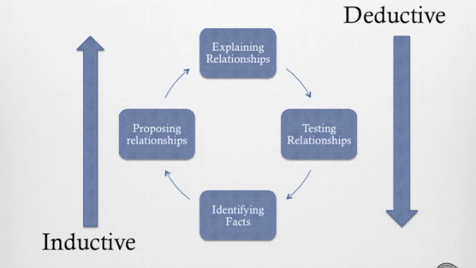We do this all the time as clinicians. We see things that are new to us, and we begin to speculate about how those observations may be related or what they might mean. We're using an inductive process. Then as we continue along, we get up to the top of the circle, and we begin to think about whether these relationships actually explain anything that we're seeing.